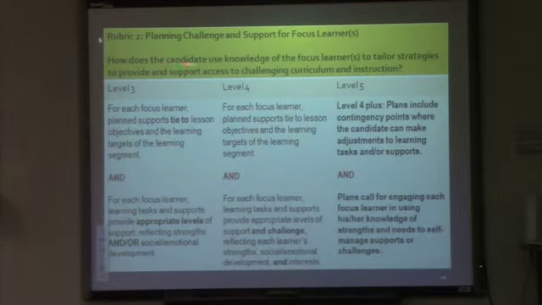So here we go again. Focused learner comes first. Then strategies and curriculum and all the other stuff comes next. So here, for each focused learner, plan supports tied to lesson objectives and the learning targets of the learning segment. So I'm going to provide another level of clarification to help with the rubric.